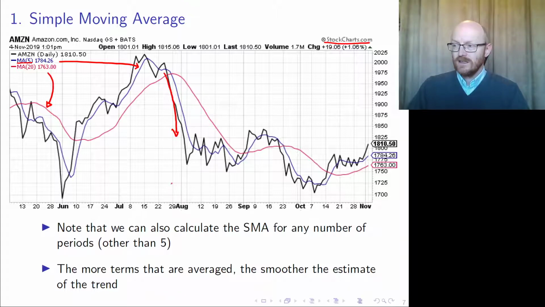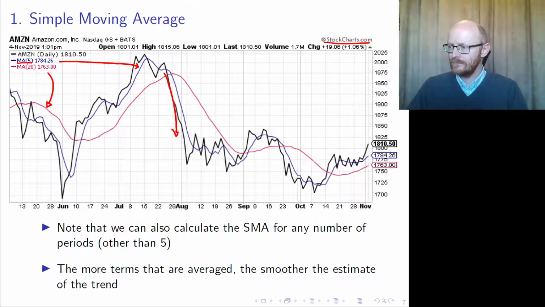Okay, so a fast speedboat is the short moving average, and an oil tanker is the longer moving average. It really takes time to change the course.